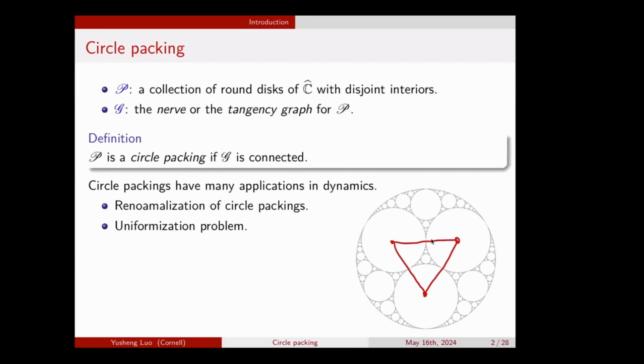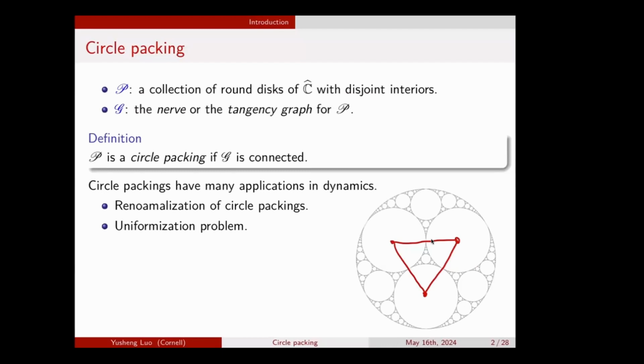One should also think of an infinite circle packing as sitting on the other end of the spectrum compared to a Sierpinski carpet, where the tangency graph, or nerve, is totally disconnected, so any connected component is a single point. Here, when we say a circle packing, we always mean that the tangency graph is connected.